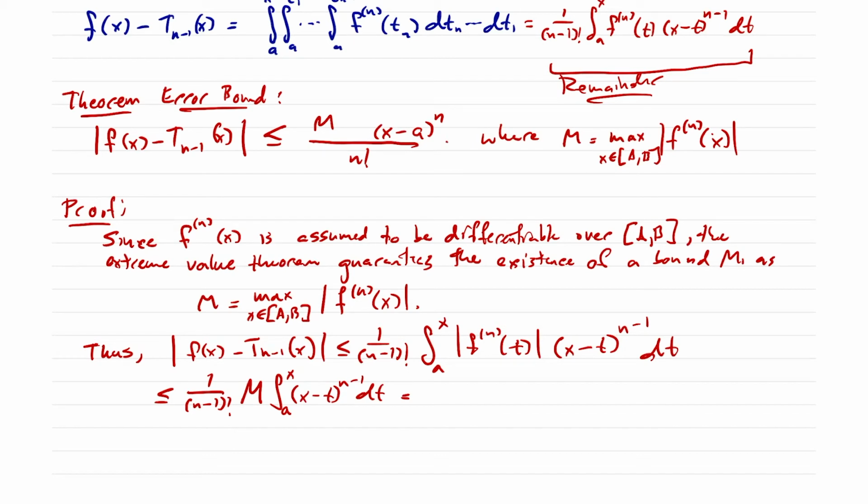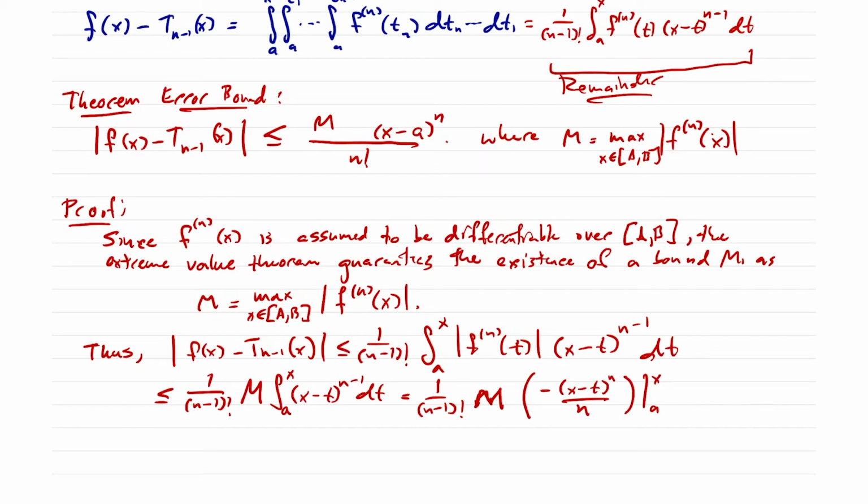then taking that integral, what we're going to find is 1 over (n minus 1) factorial times M, and we're left with minus (x minus t)^n divided by n, evaluated at a and x.